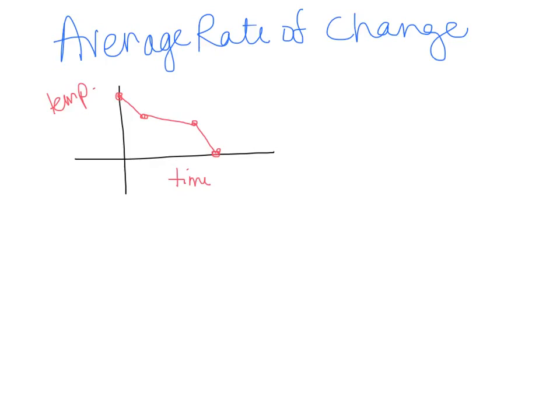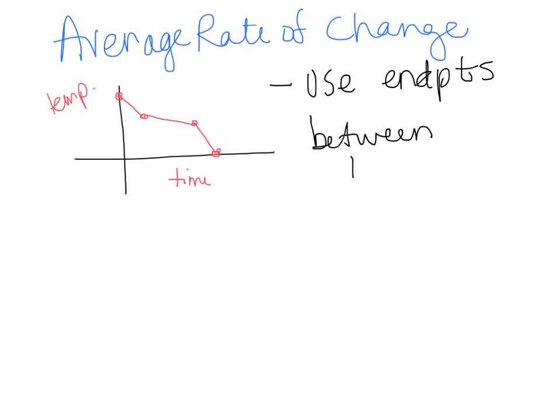So what you have to do in this case is use the endpoints, okay? So I'm worried about the average rate of change between 2 times, okay? Between t equals 0 and, in this case, t equals 4.